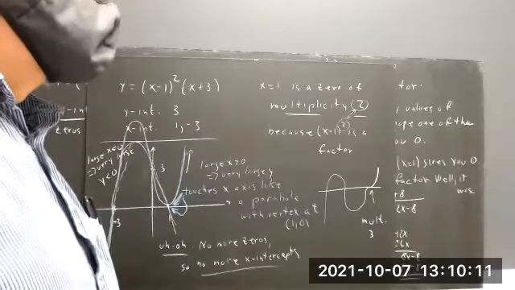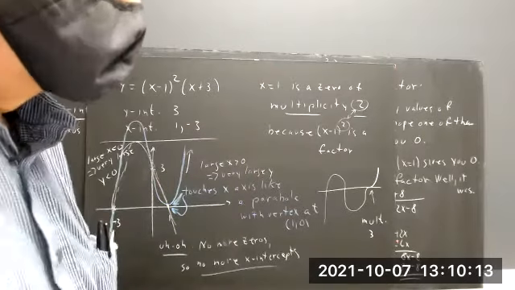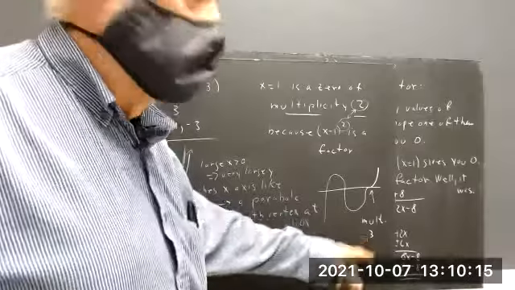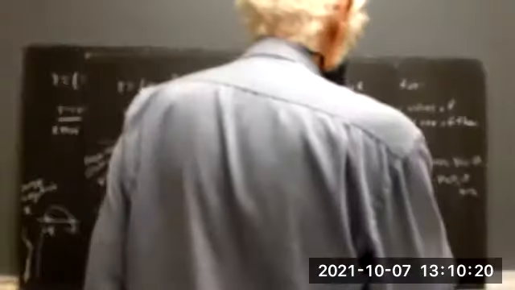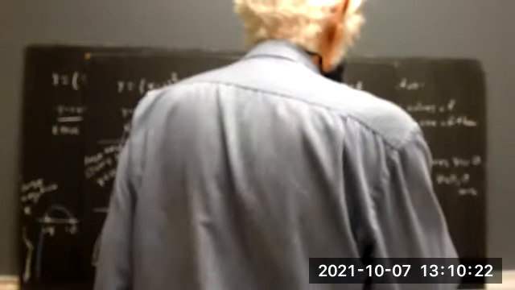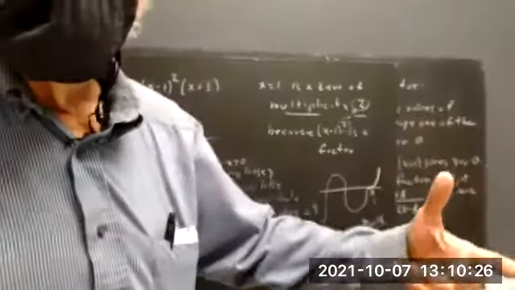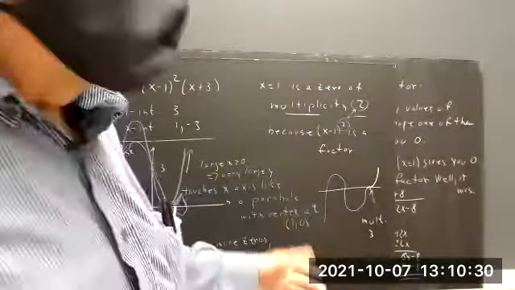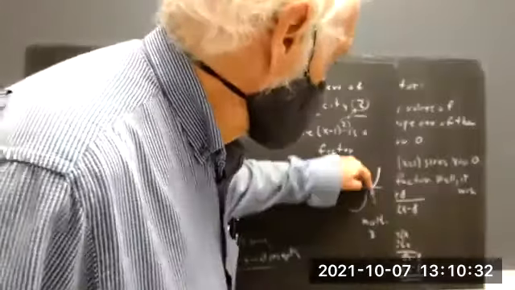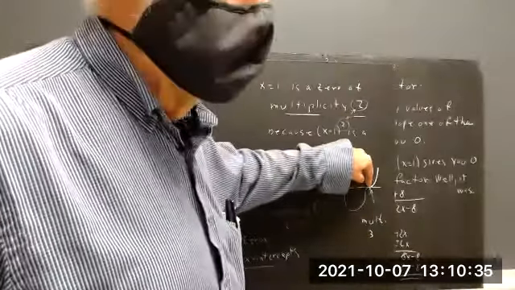If you had a 0 of multiplicity 3, that means whatever this value would be, you have a 0 here. If it came from an x minus 3 cubed, or an x minus some number cubed, it would have to act like the x cubed graph does at 0.